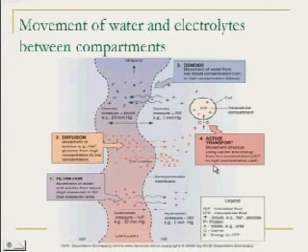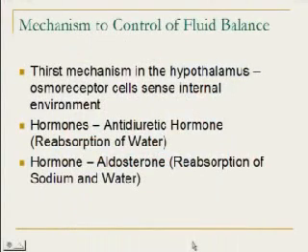This is the movement of solutes, again, solutes referring to electrolytes, sodium, potassium, using a carrier or energy from a low concentration in the interstitial fluid to areas of higher concentration. Again, they're using a particular carrier to help move the electrolytes. And again, we'll discuss that more in detail throughout this lecture.